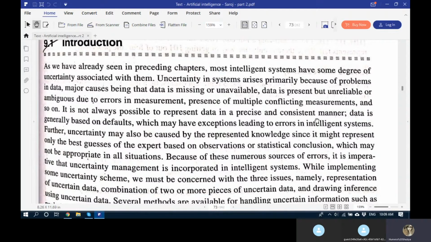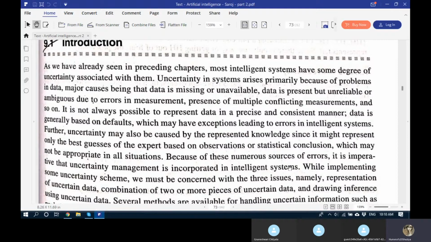There is some degree of uncertainty associated with the knowledge or the information. So what we have to do is incorporate uncertainty in our knowledge base as well as while we are deriving new conclusions.